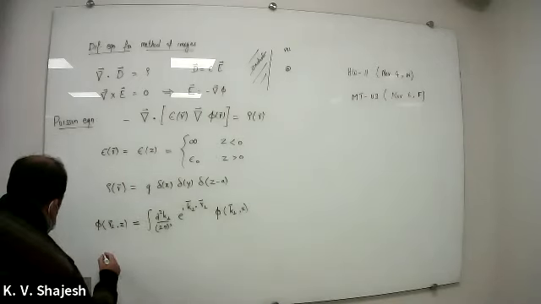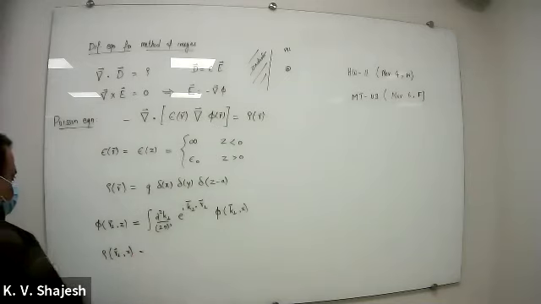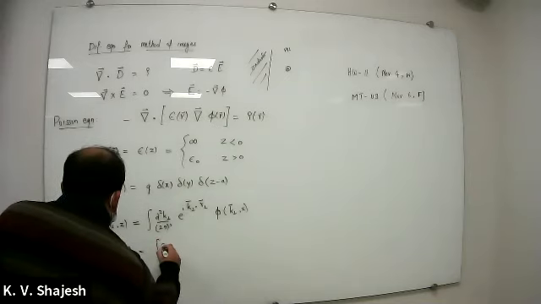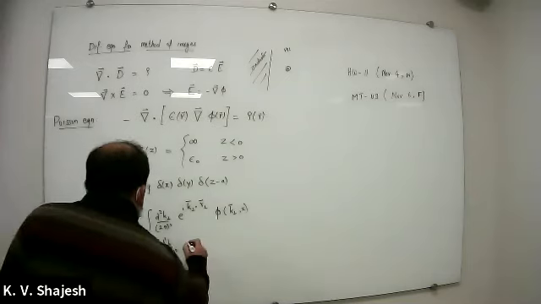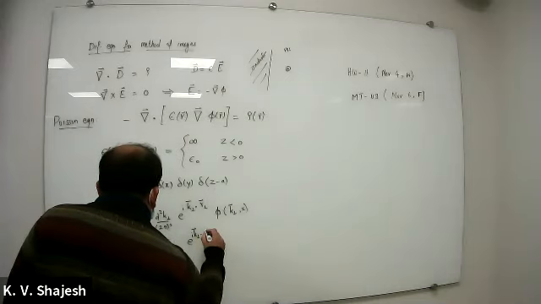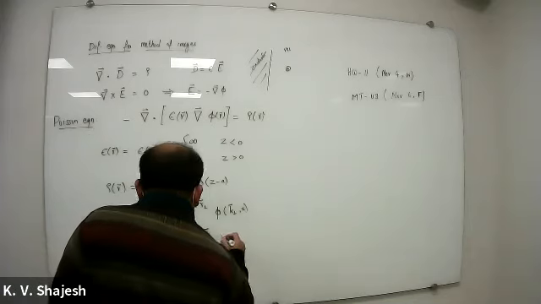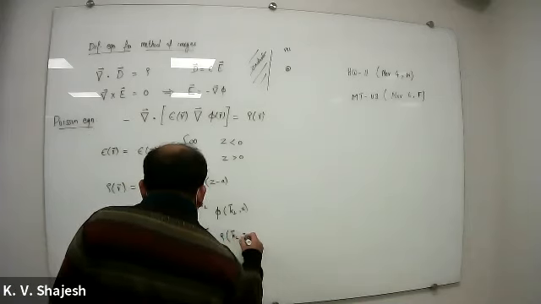So rho of r_perp and z is equal to an expansion in the modes, and this will be rho of k_perp and z.